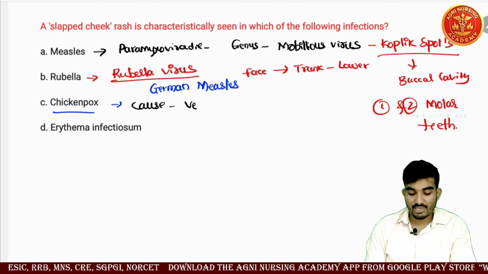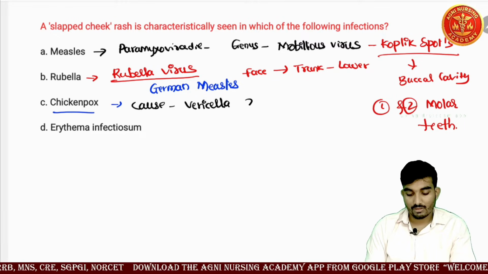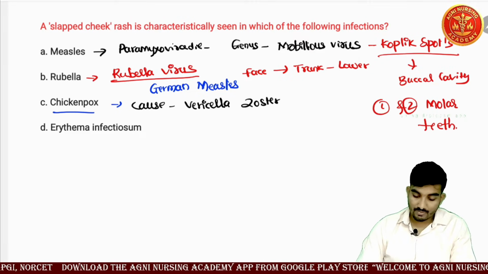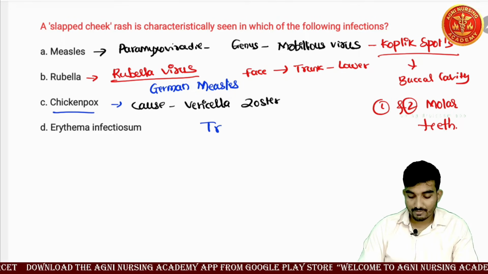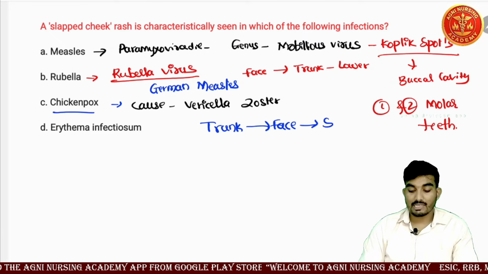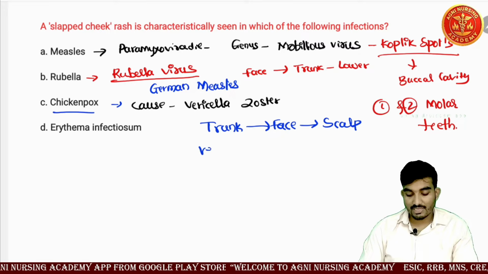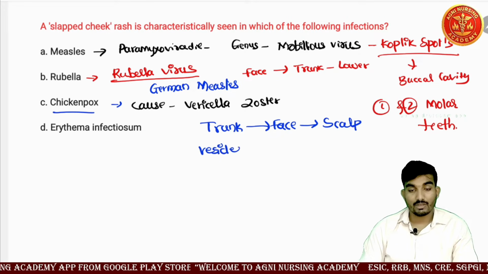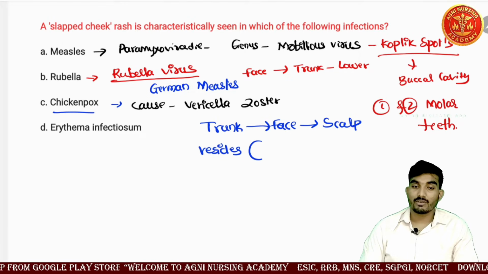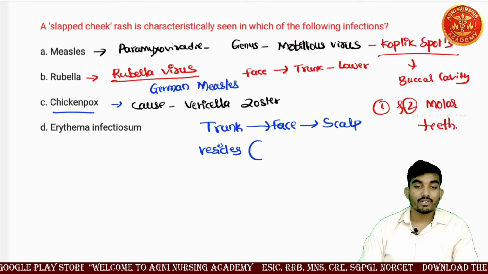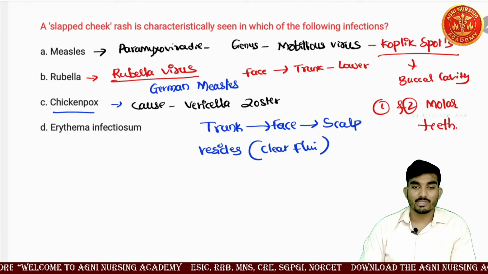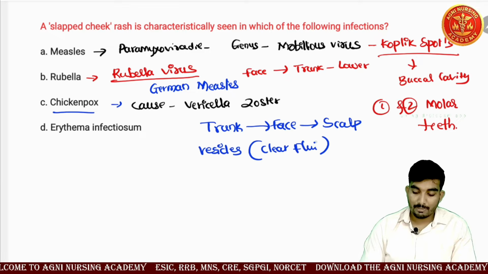In chickenpox, vesicles first appear on the trunk, followed by the face, then the scalp. Vesicles are clear fluid-filled cavities, like a blister formation. In vesicles, clear fluid will be present.